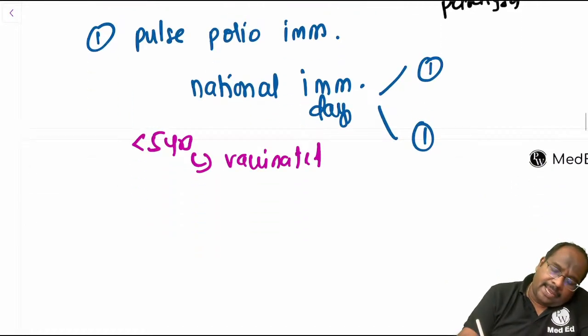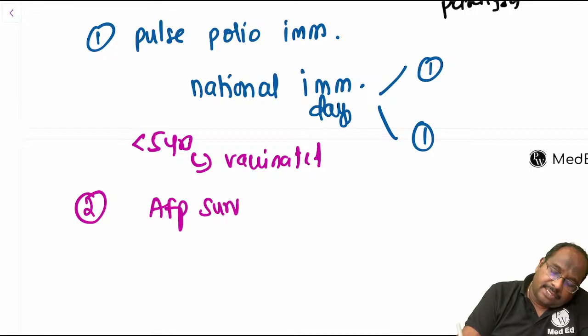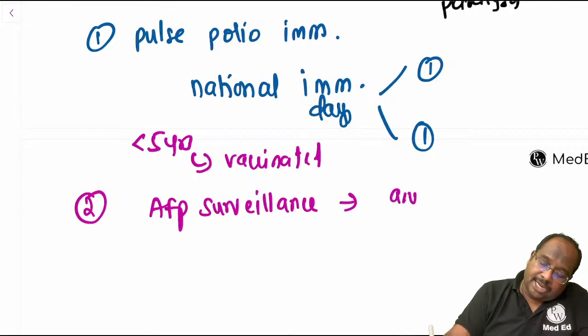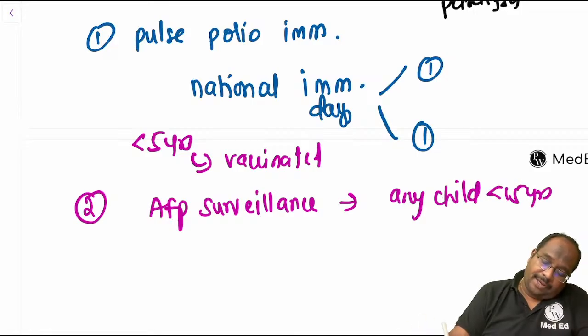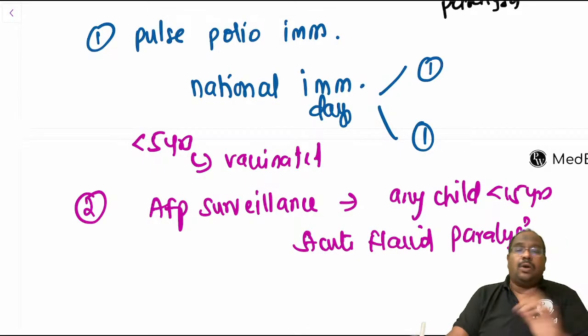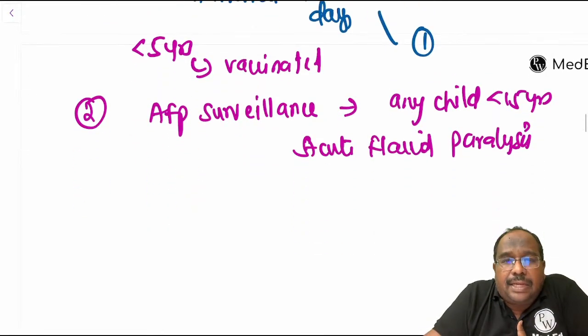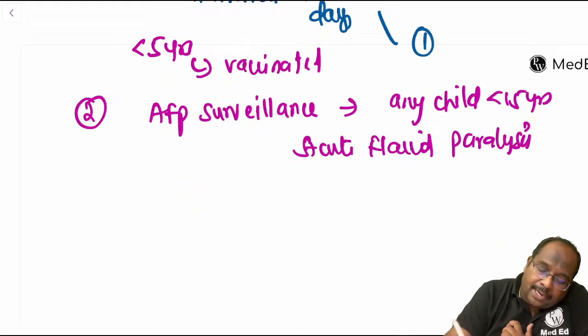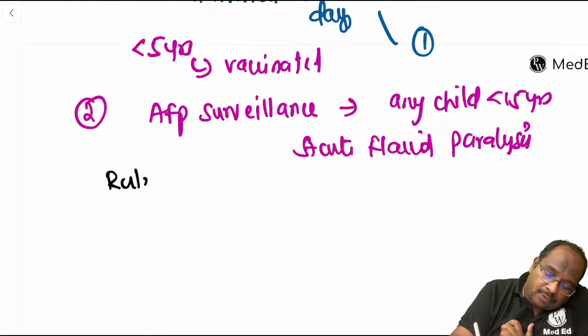Second, for every case, we do AFP surveillance. Any child less than 15 years with acute flaccid paralysis, you have to rule out polio, guys.